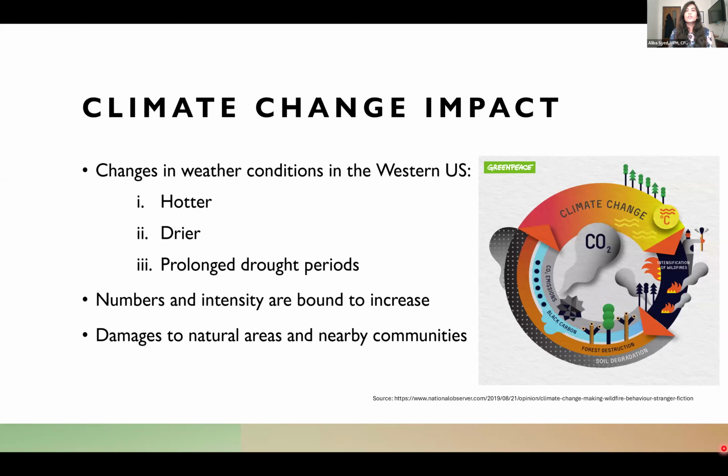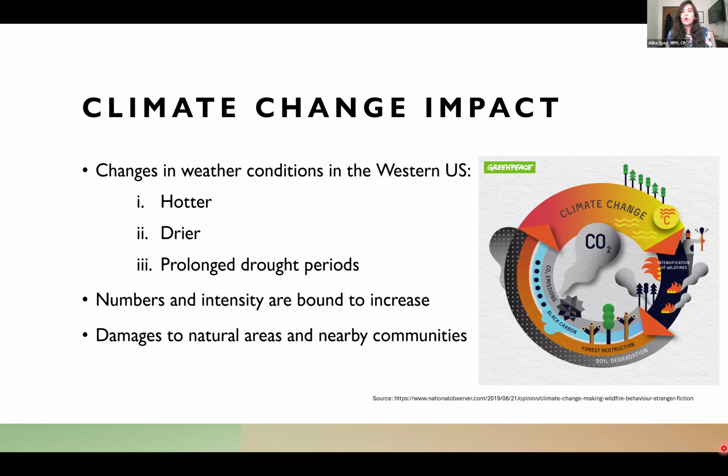Now, after understanding the basics and types of wildfires, let's briefly go over how climate change has an impact on current wildfires. With the passage of time, weather conditions, especially in the western United States, have started getting hotter and drier. In fact, many US regions now encounter longer periods of drought.